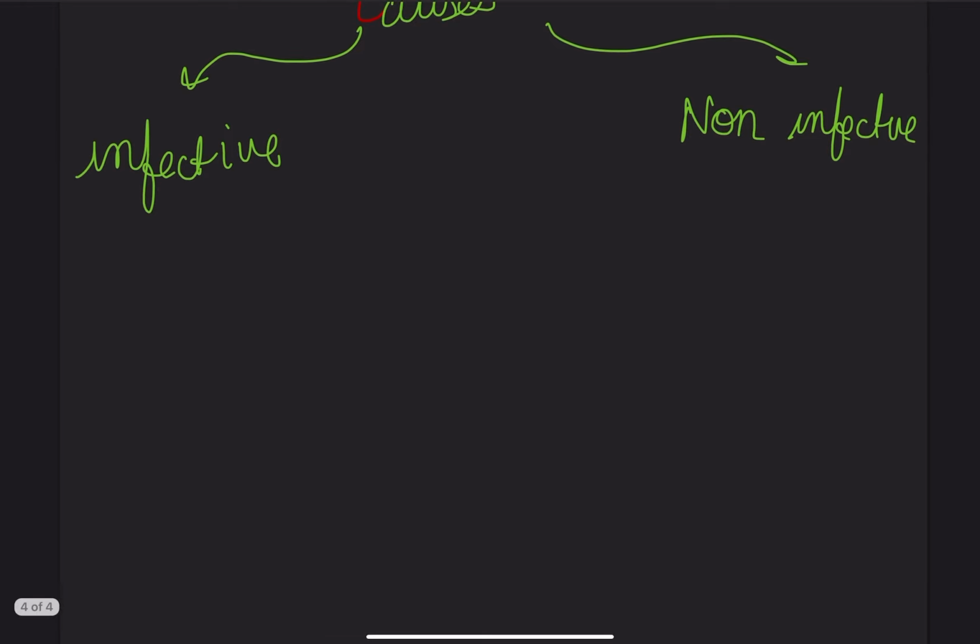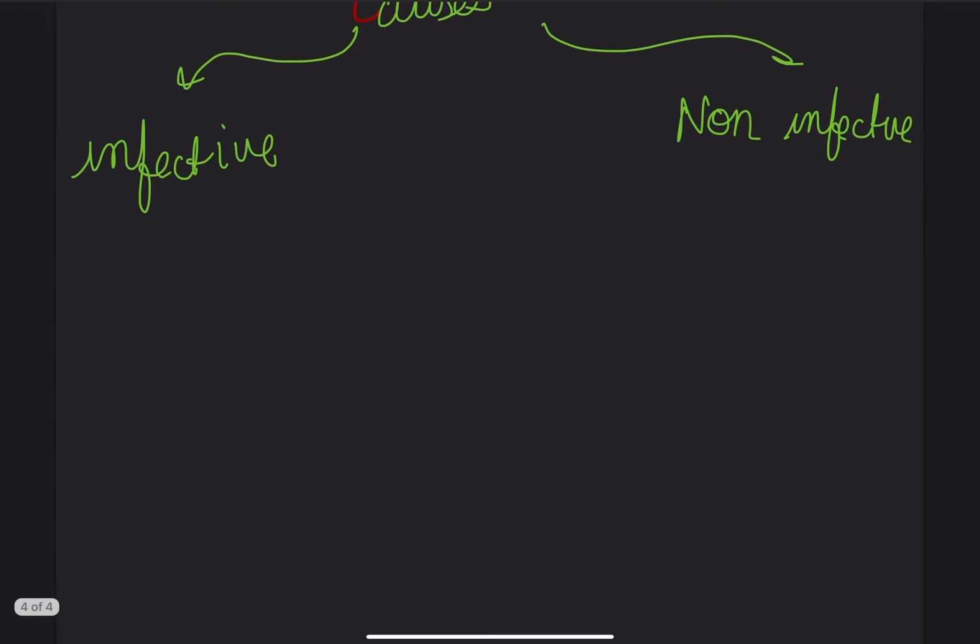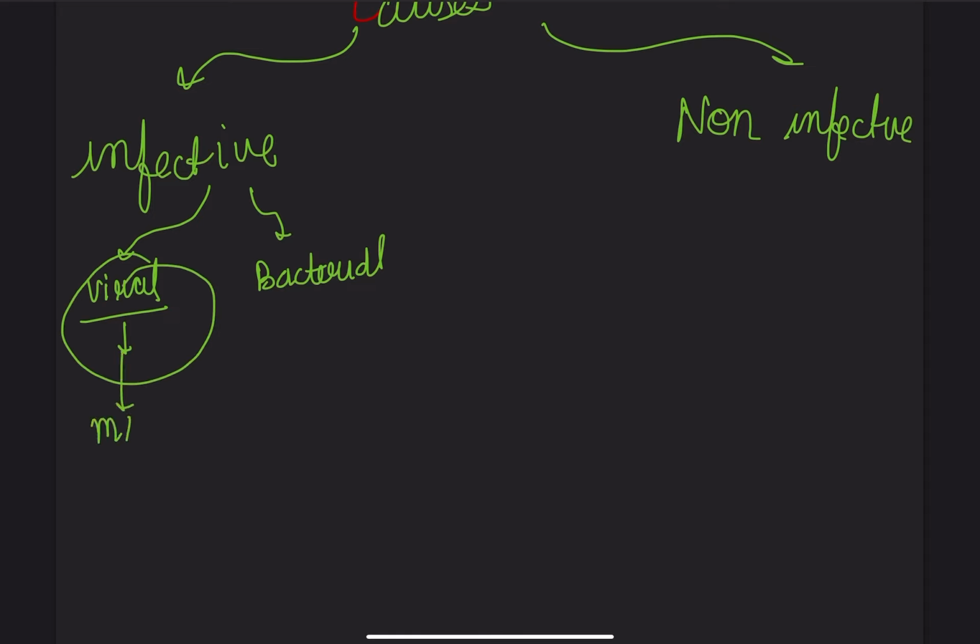Inside the infective causes, there are many entities that can cause infection in a human, as we all know. One is a virus, so it can be a viral cause, or it could be a bacterial cause. Viral is the most common cause of infective entities. And then we have parasitic infections also.